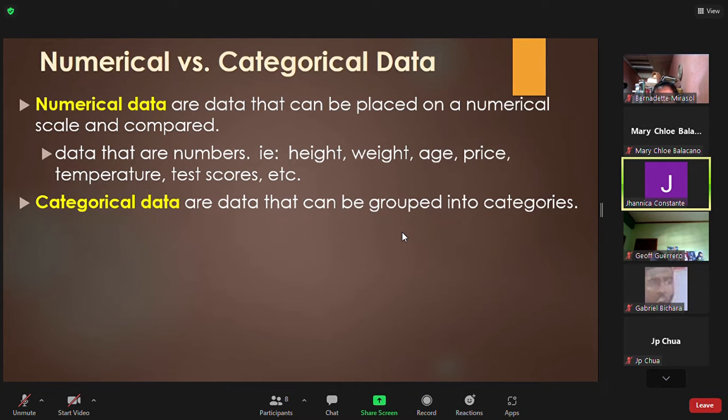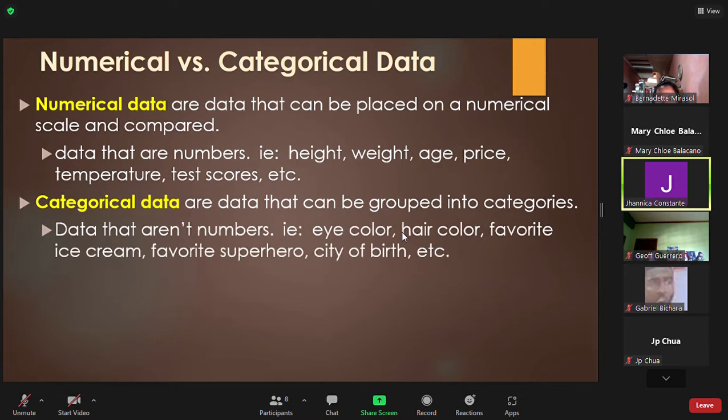Examples of categorical data are eye color, hair color, and favorite flavor. So those are the two types of data that we may encounter in a frequency table: the numerical and the categorical data.